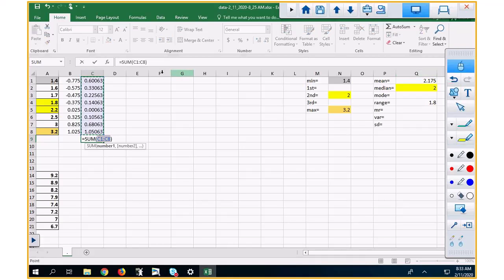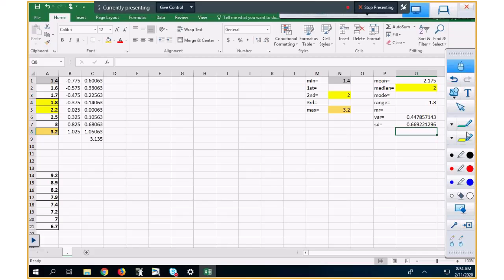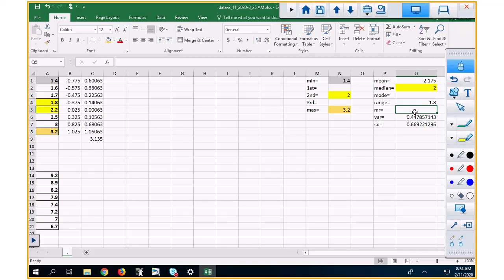Add it together. Thank you. That is your numerator for your variance. And what's 8 minus 1? 7. Thank you, class. And what do we do with the variance to get the standard deviation? Take the square root or raise it to the 0.5 power. And there is all that information. Check your numbers, please, to make sure I didn't make a mistake.